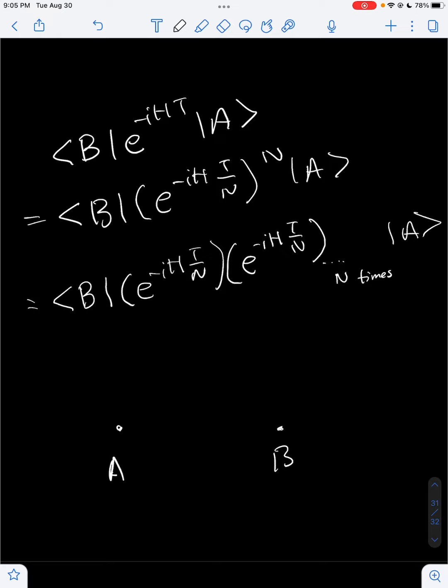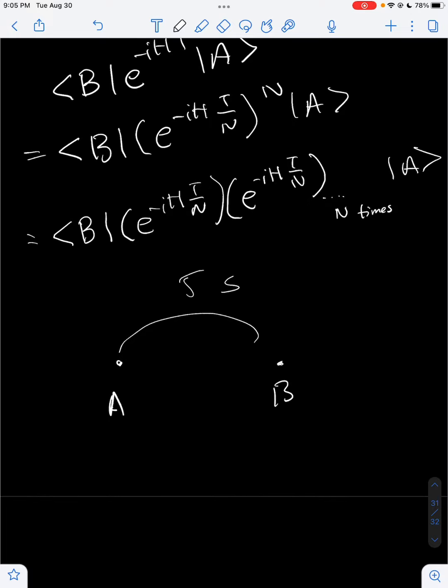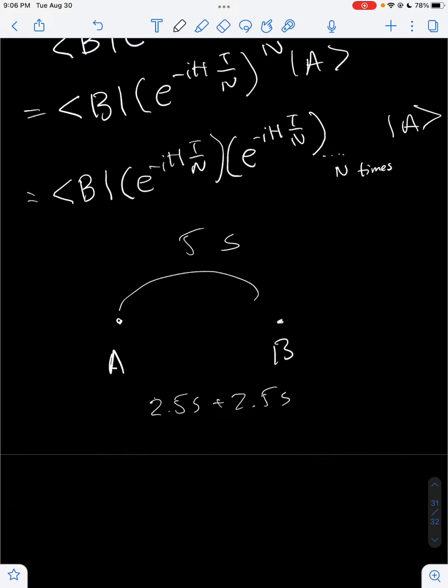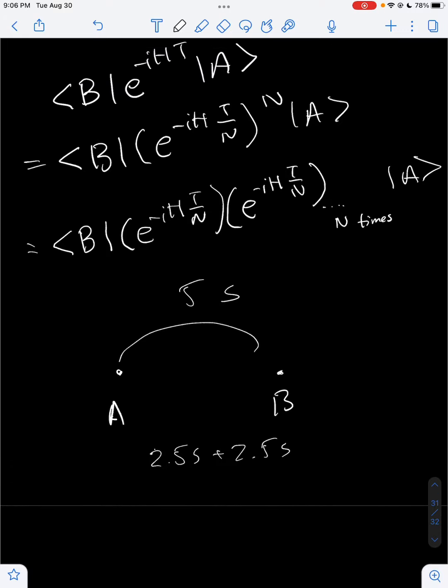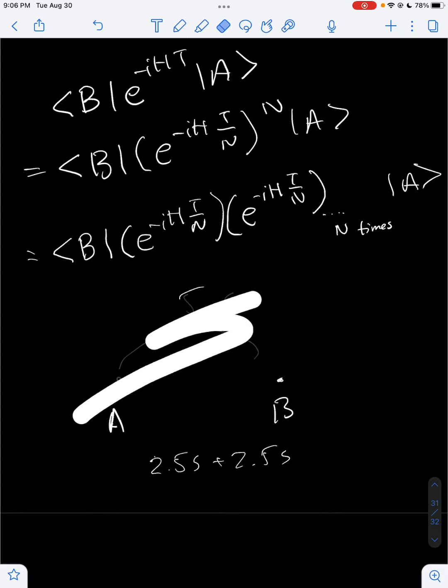So the probability that we go from A to B in 5 seconds is the probability that we go from A to B in 2.5 seconds plus 2.5 seconds. So we're just splitting time up into multiple time slices, or n time slices in this case.